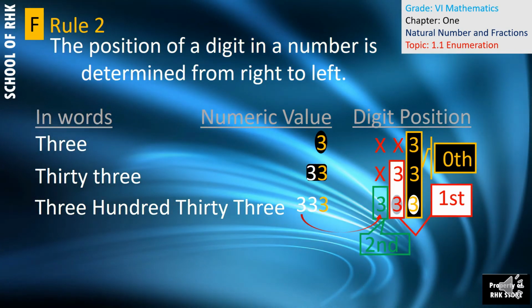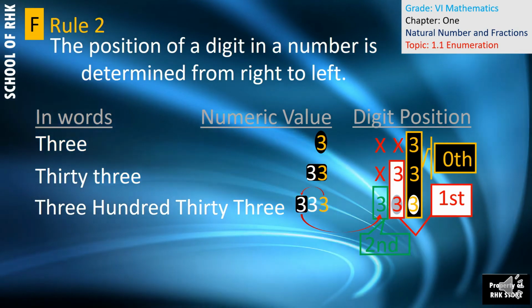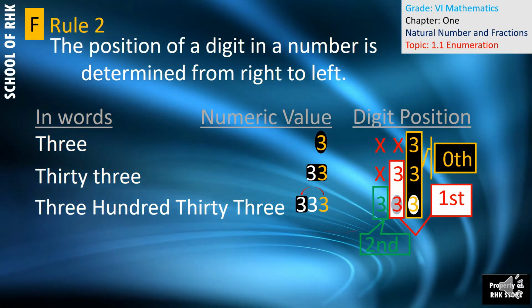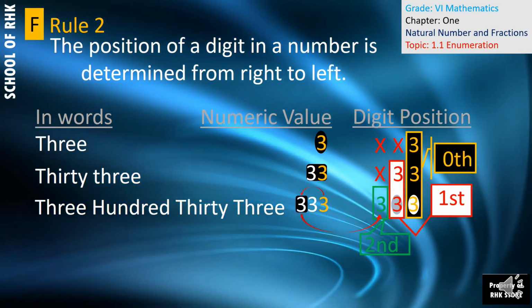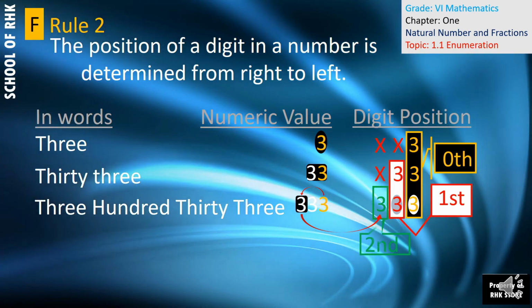Considering the 0th or extreme right digit of the number 333, this position of the digit marked in green color on the left is second.